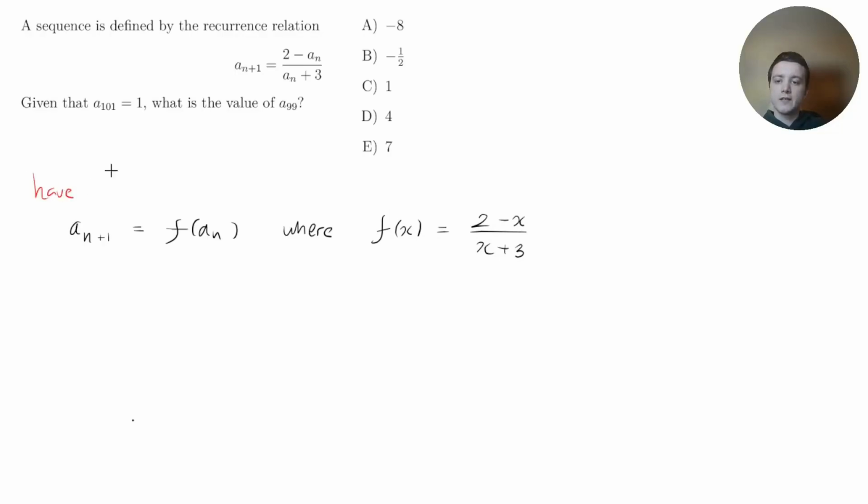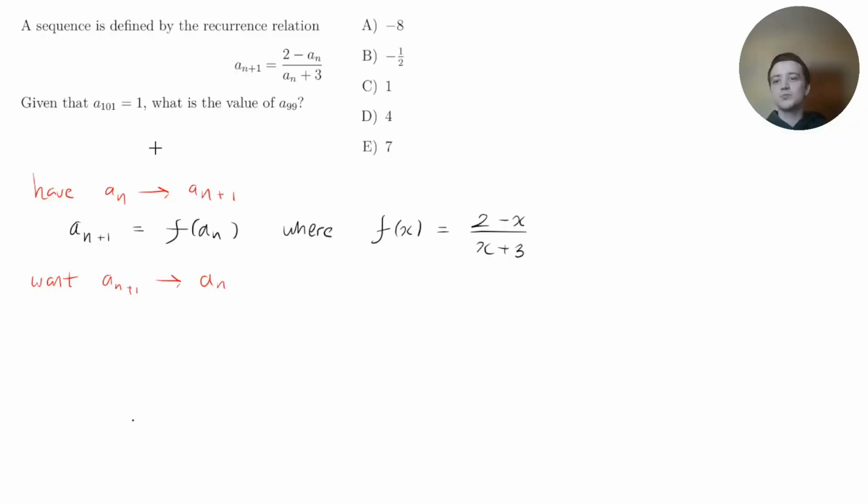So what we have here is a way to get from the nth term to the (n+1)th term, but we want a way to go backwards. What we really want is to go from the (n+1)th term to the nth term.